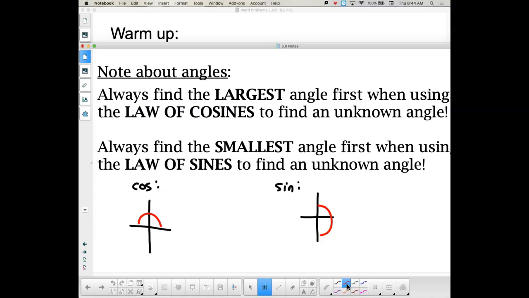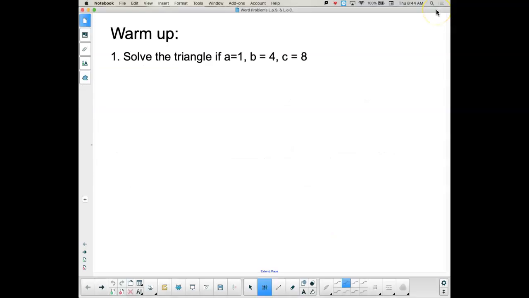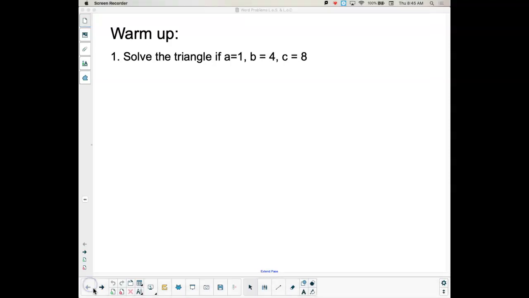With that said, I would like you to warm up with this particular problem. You seem to be shaking your head. What's the problem?